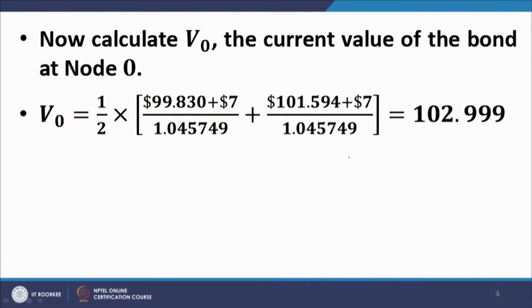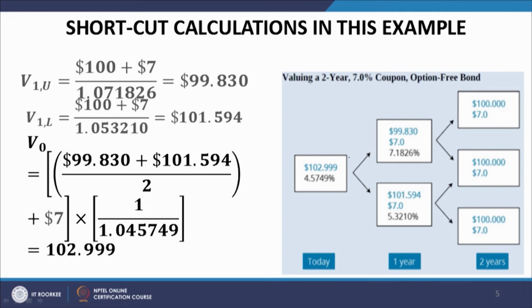Now, interestingly, we can shortcut this problem a little bit in this particular case. Why?